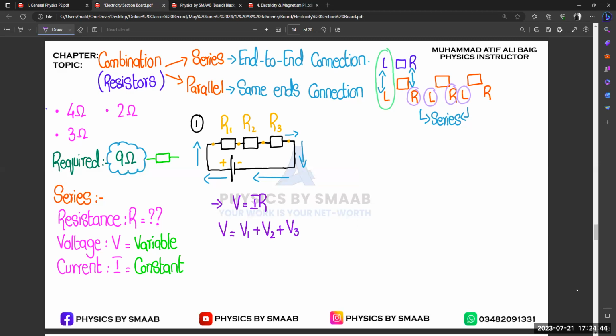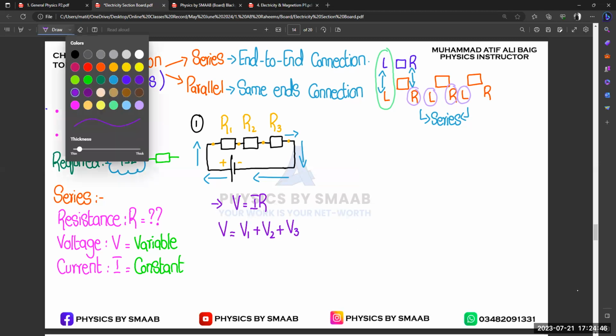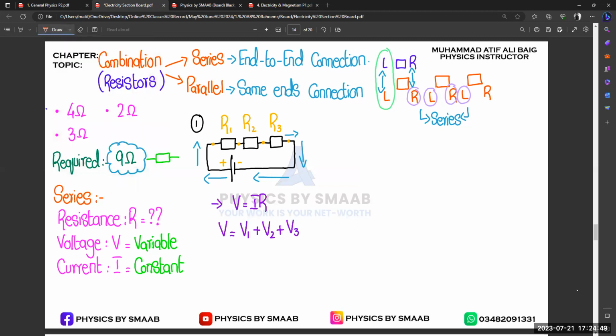Now just simply split V with the help of Ohm's law. So V is equal to IR, which is equal to IR1 plus IR2 plus IR3.